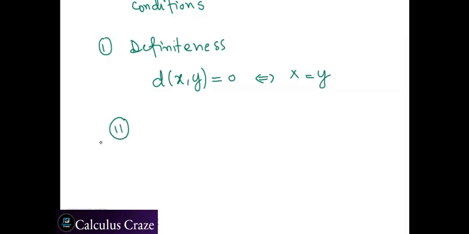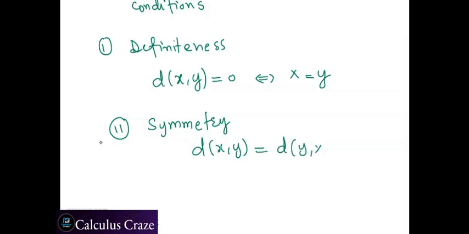And the second property is obviously the symmetry. Symmetry means the distance between x and y is the same as the distance between y and x. And the third is the triangle inequality.